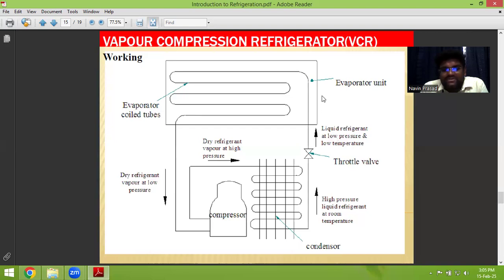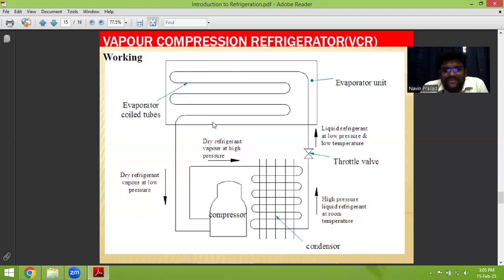Again, it reaches the evaporator unit. This is the evaporator coil. This is the portion where we keep our water or food or vegetables. The heat from the kept material will be absorbed by the refrigerant inside the evaporator coil tubes.